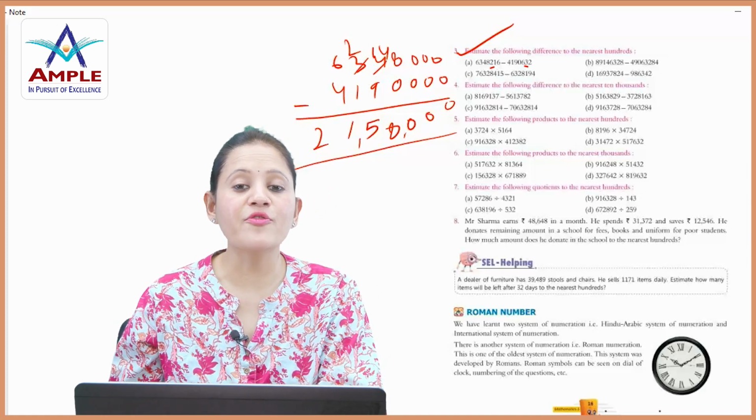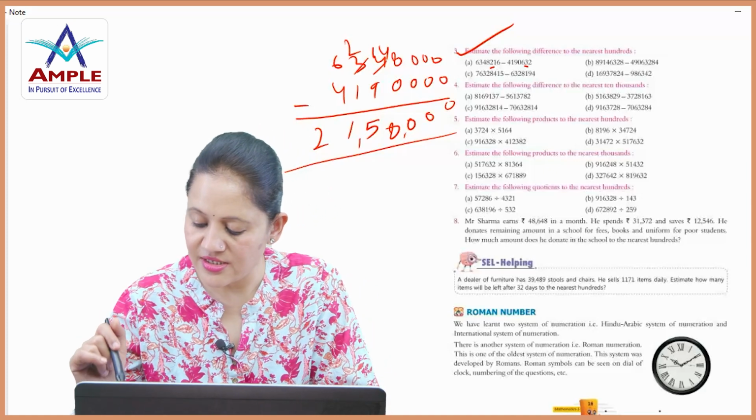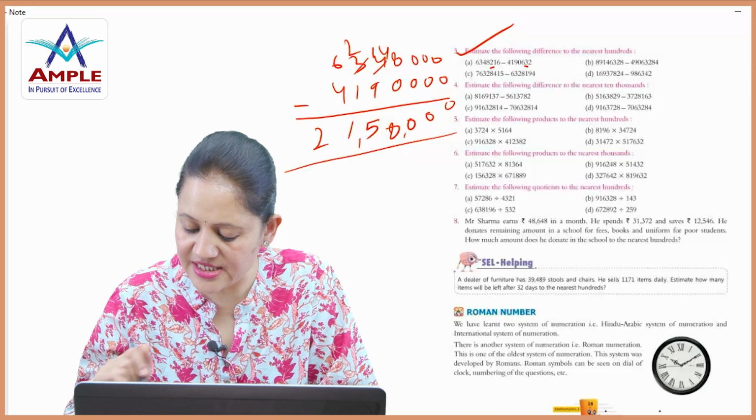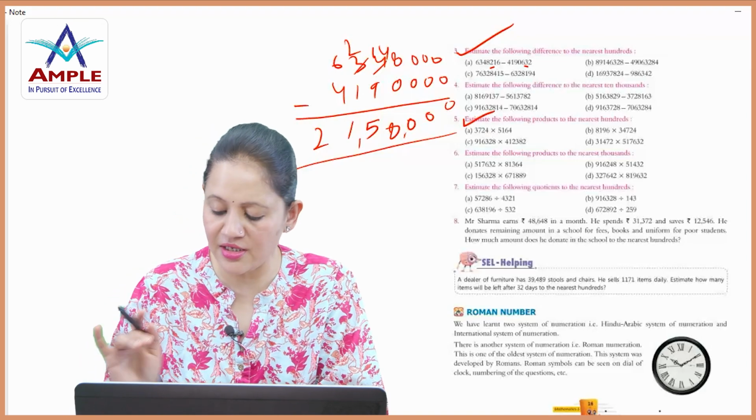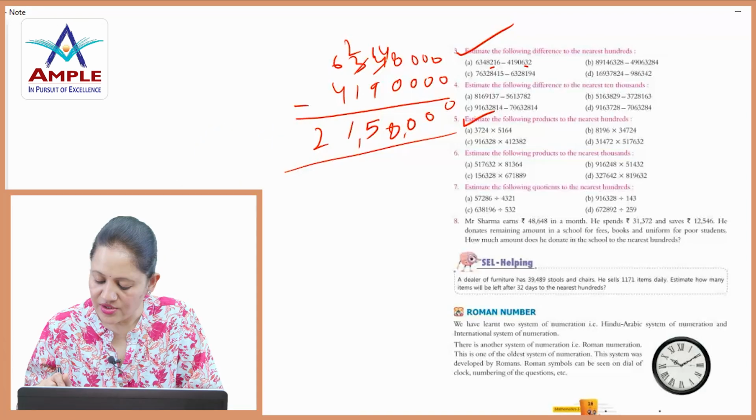Next is estimate the following product to the nearest hundreds. So first the same rule will apply. Here we will find the product. So to estimate or round off to the nearest hundred, we will see the digit at the tens place.